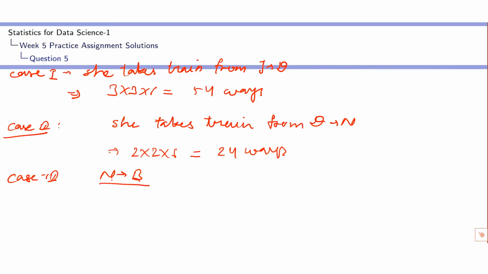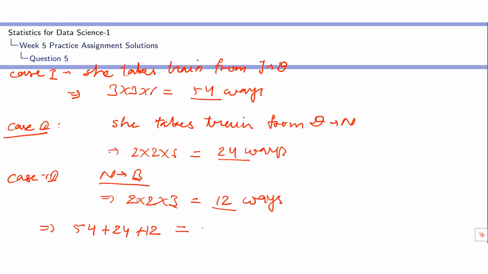If she takes train from Nagpur to Bangalore, she has 2 into 3 into 2, which is equal to 12 ways. So the total number of ways of her journey, by the addition rule, we can say 54 plus 24 plus 12, which will be equal to 90 ways.